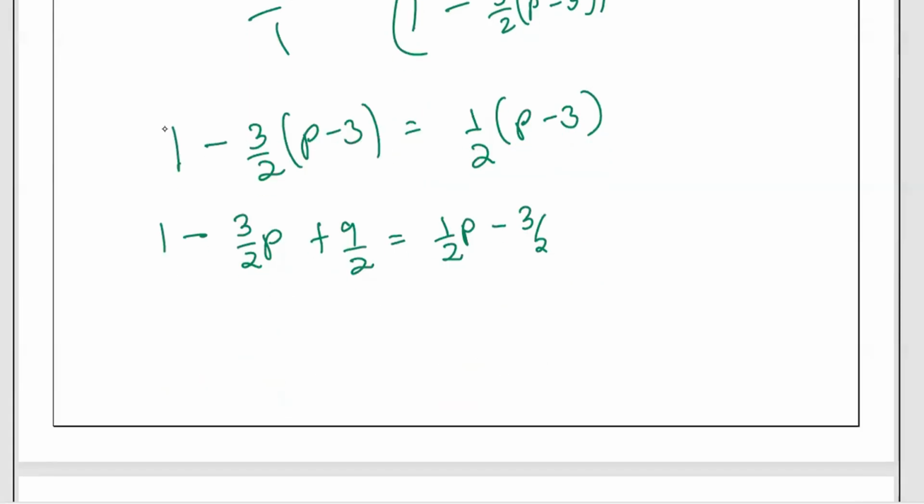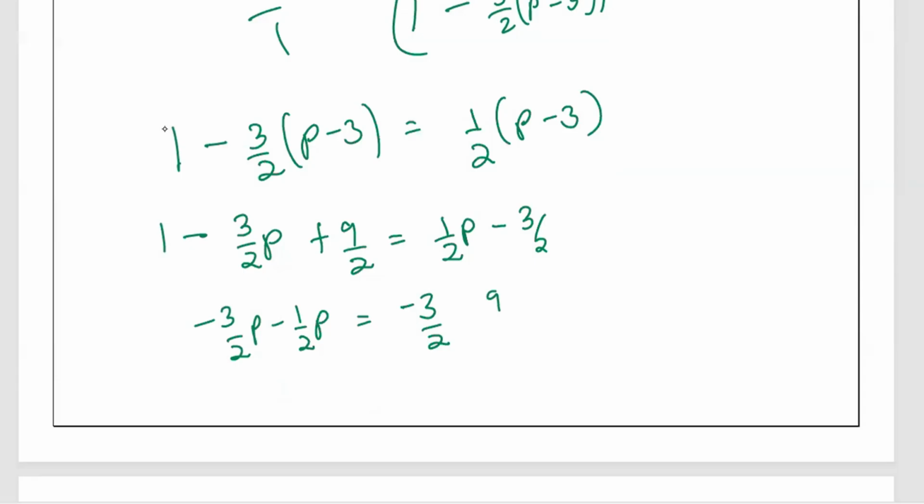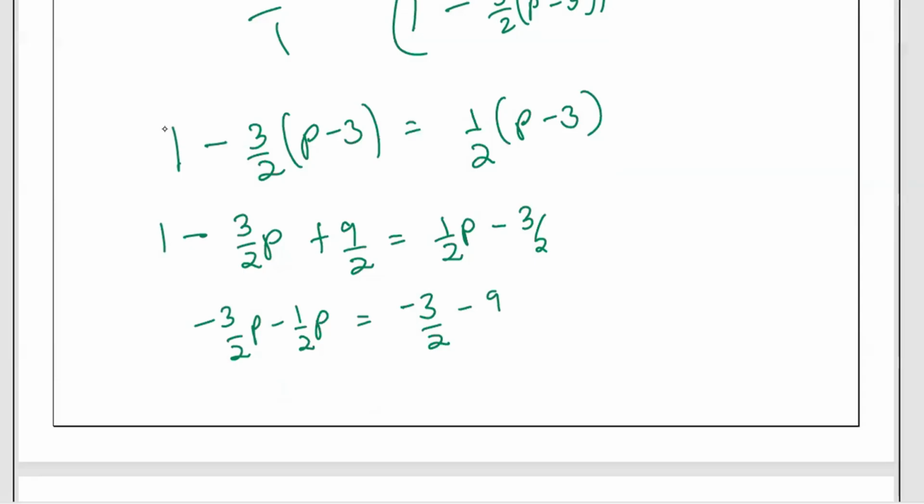When I collect the like terms, I can move this one to that side. So negative 3 over 2p minus a half of p should give us negative 3 over 2 plus, it's supposed to be a minus, so minus 9 over 2 minus 1.